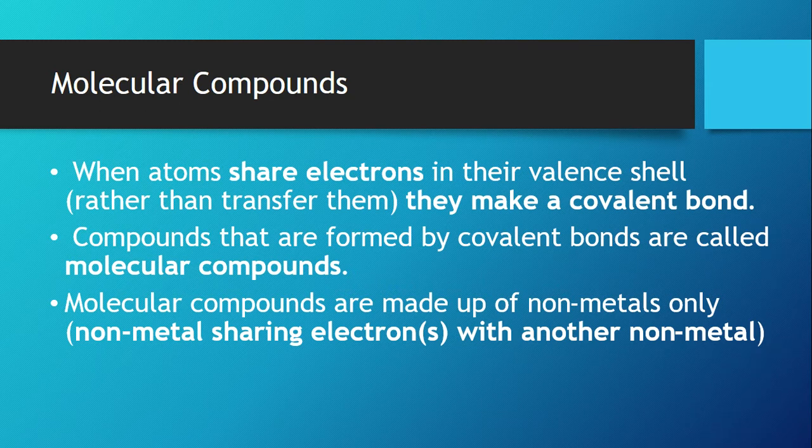So whereas in the last lesson we talked about how we have a metal transferring an electron to a nonmetal, now we have two nonmetals that are sharing electrons. So a nonmetal sharing electrons with another nonmetal. Here are some examples of some very well-known molecular compounds.